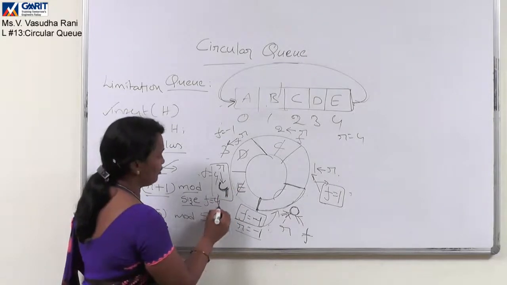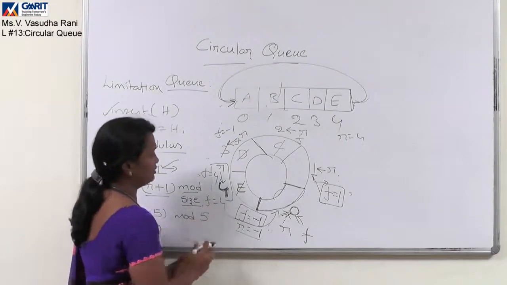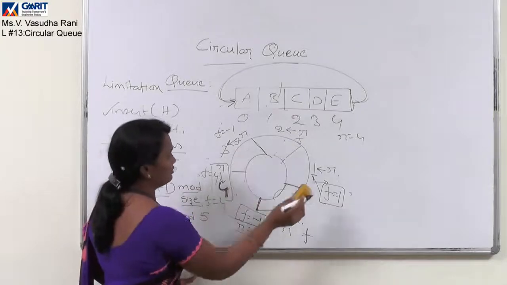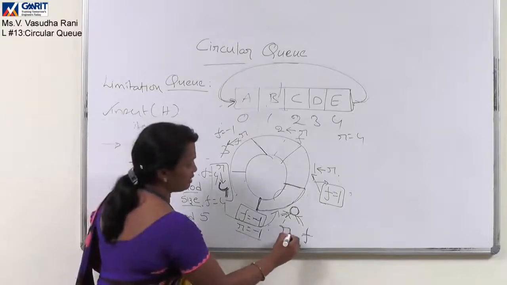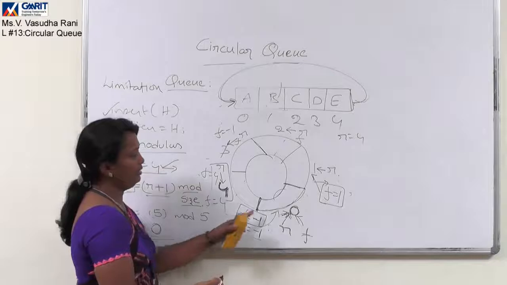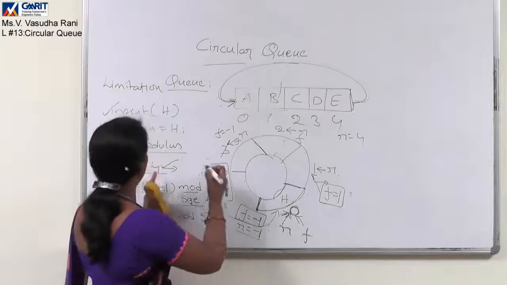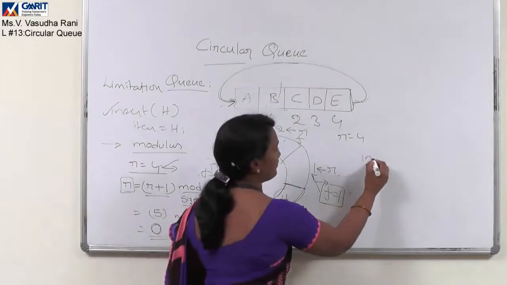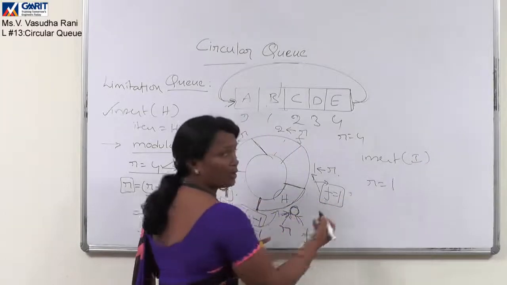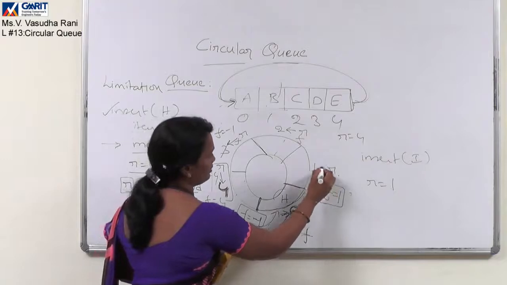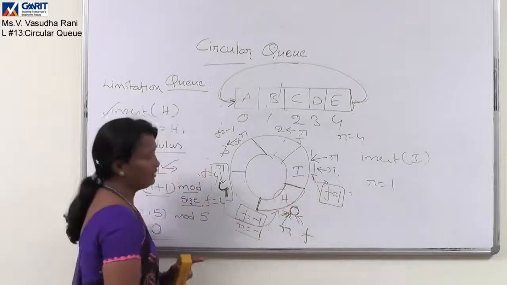Here our f is 4 now, all the elements were deleted, and our rear value is 0. So rear is referring to 0 to insert a new element here as H. So H is inserted here. And if you call insert one more time, insert of I, your rear will be modified to 1, and now our new rear refers to 1 and I is inserted here.